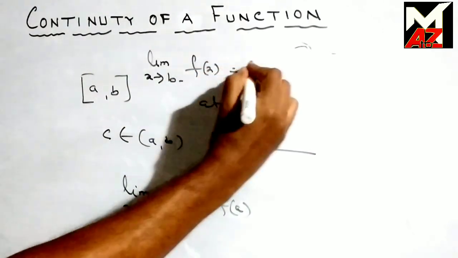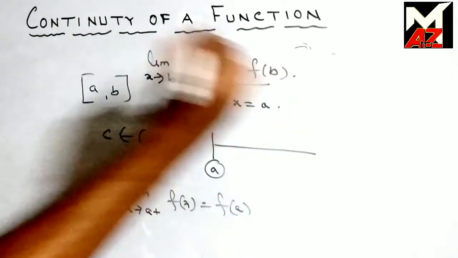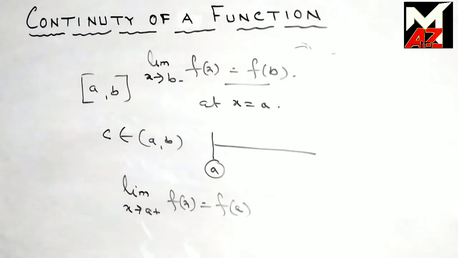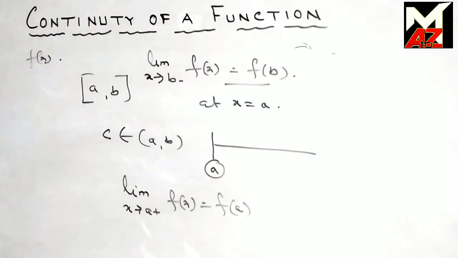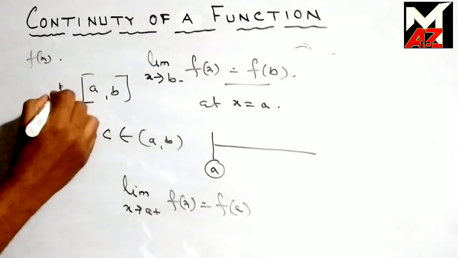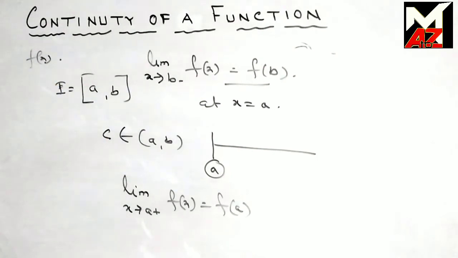Then we say that the function f x is continuous in the closed interval a comma b. So this is the definition of continuity, how we say a function is continuous in an interval, and the graphical representation of continuity with an example.